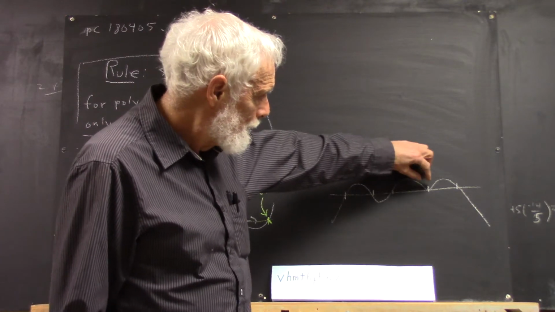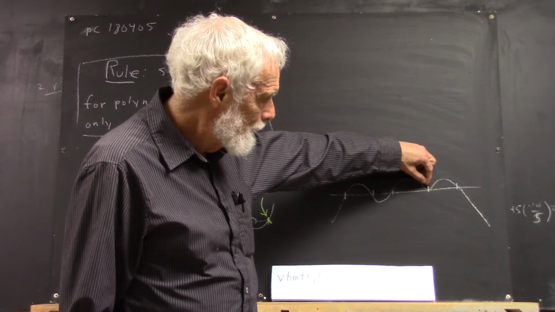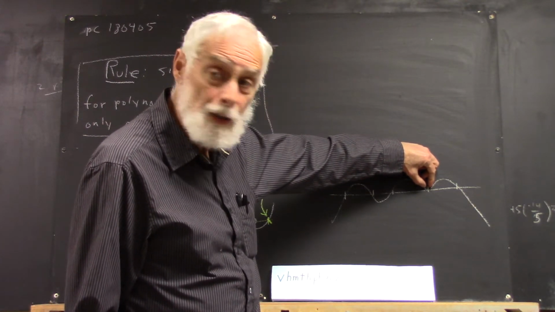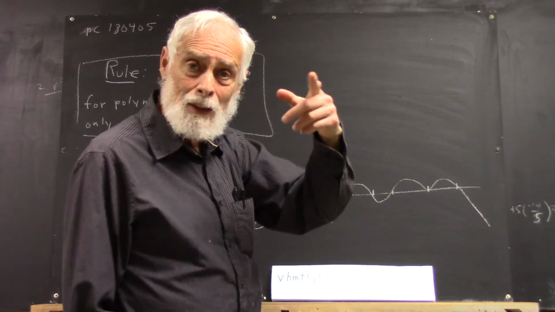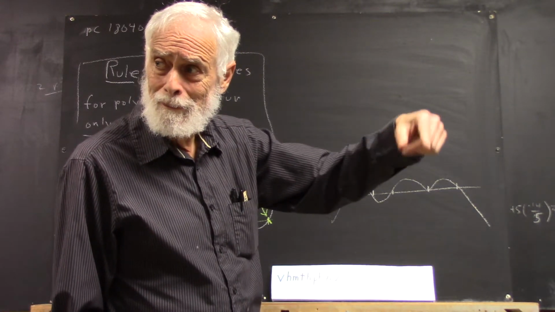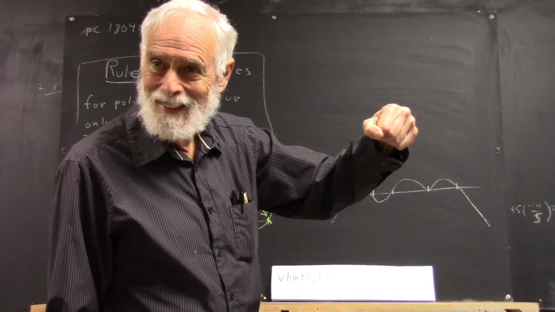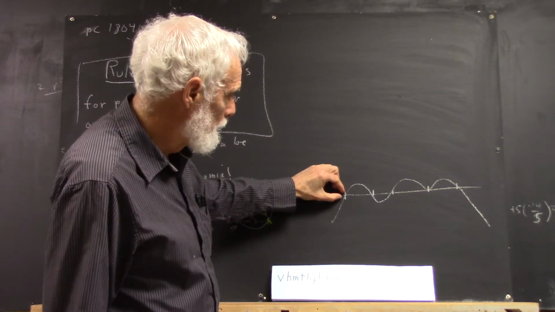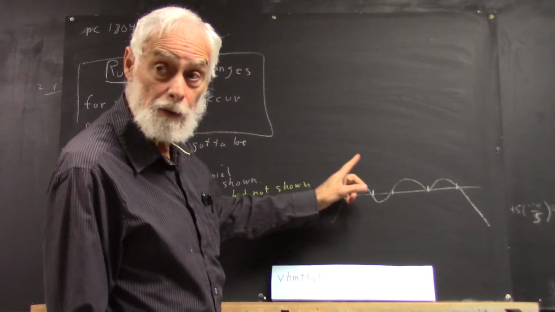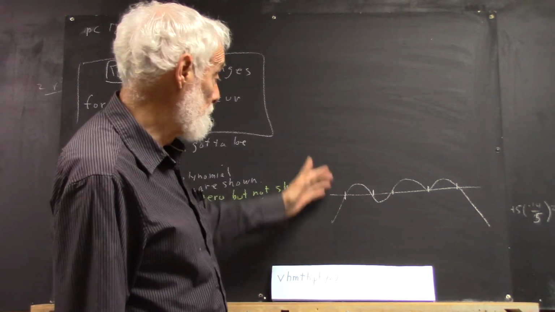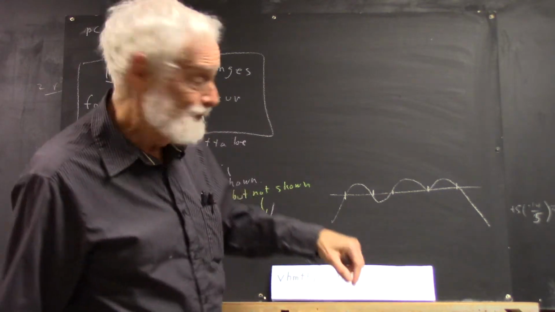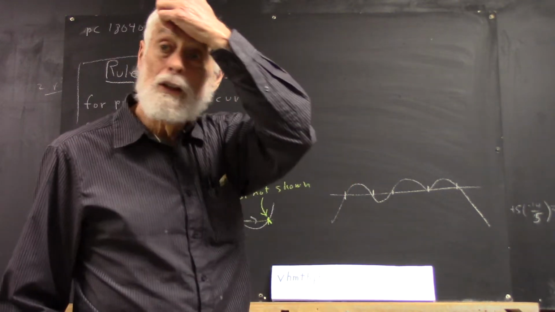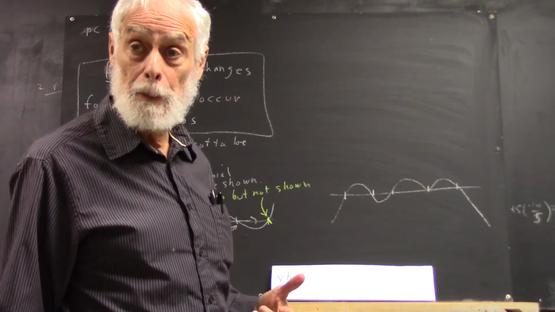Now just a little teaser here. What's the shape of this graph in the region very close to that 0? It's kind of a parabola, isn't it? And what's the shape of the graph as it goes through here, very close to it? It's pretty much linear. It's got to have some curvature, but if you look close enough, you can't even see the curvature. It's going to look like a straight line, right?